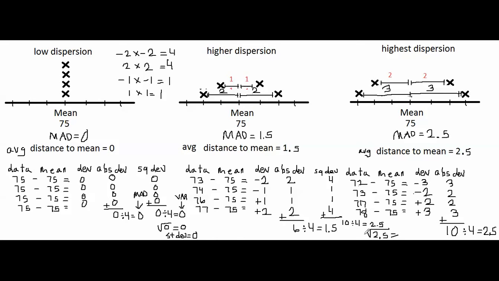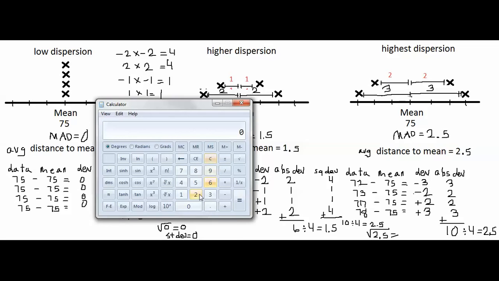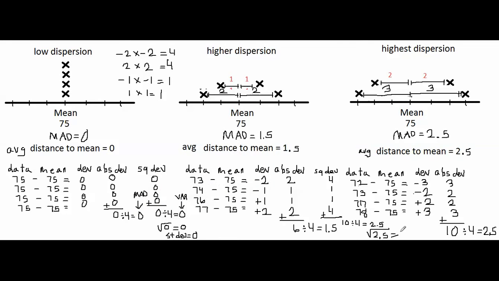And this will come out to 1.58. So this standard deviation does come out close to the MAD. We have the MAD is 1.5, the variance is 2.5, the standard deviation is 1.58.